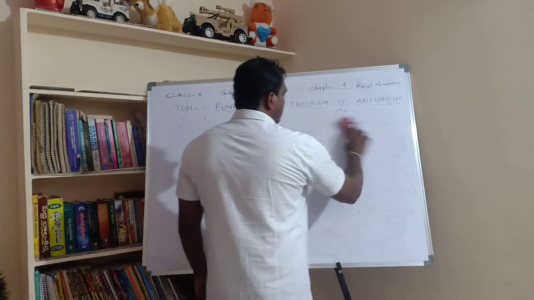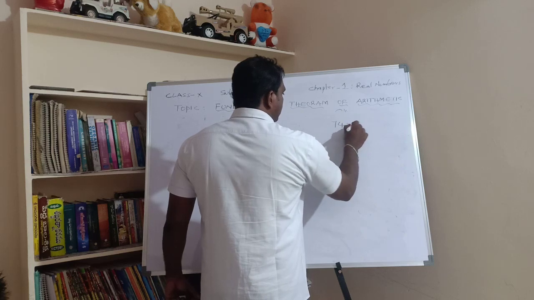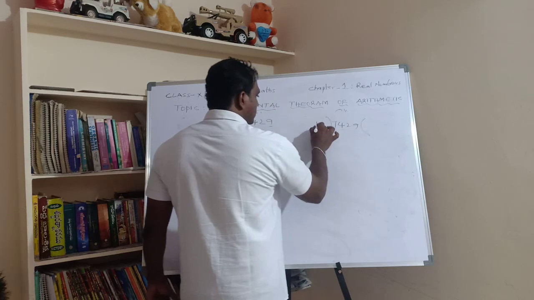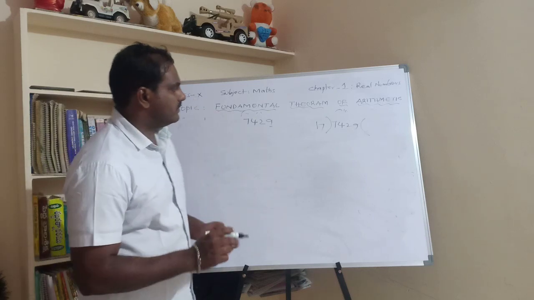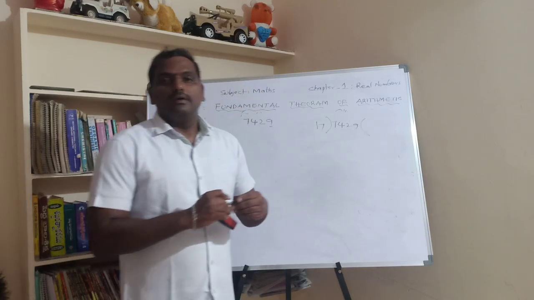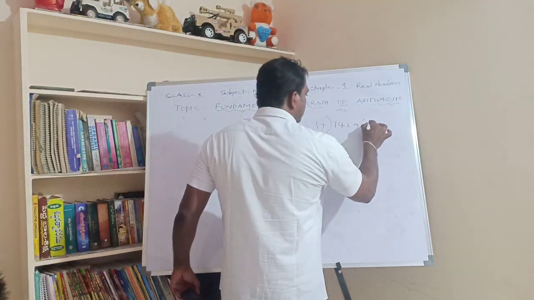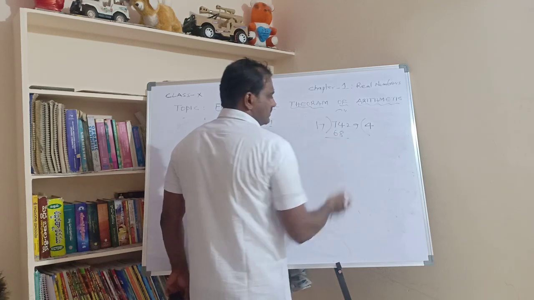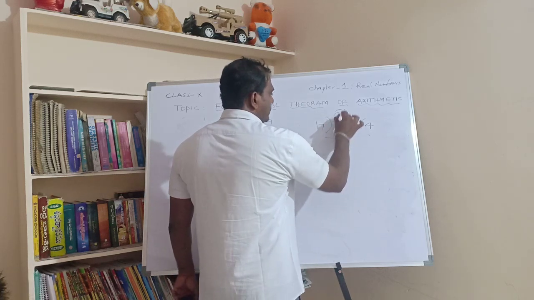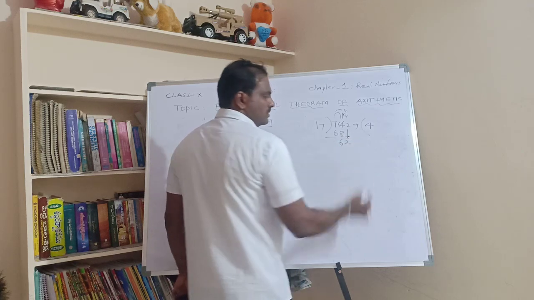Then next prime number is 17. 7429 divided with 17. So 17 table. 17 1 is 17, 17 2s is 34, 17 3s is 51, 17 4s is 68. So how much it was? 17 4s is 68. So what is the remainder? 14. 14 minus 8, 6 is 2.